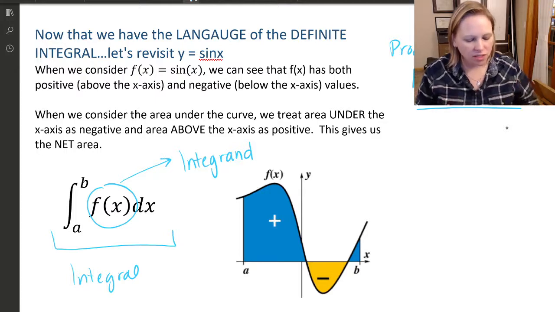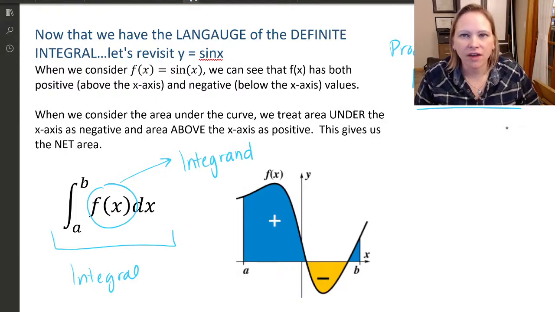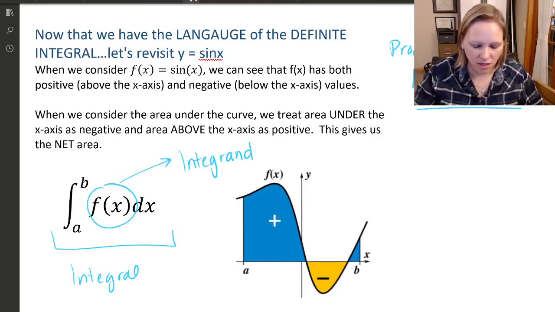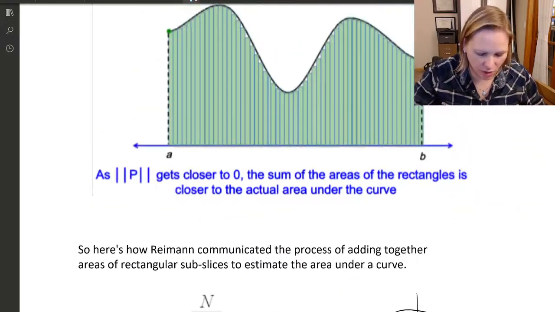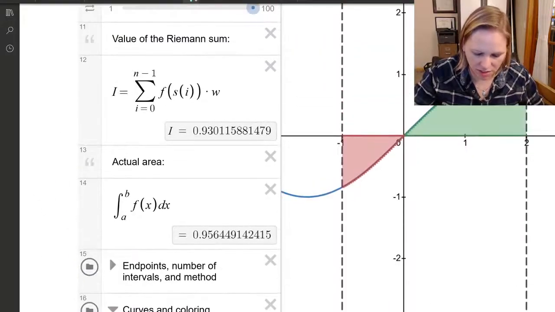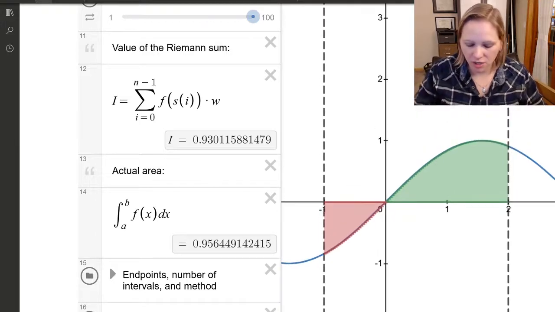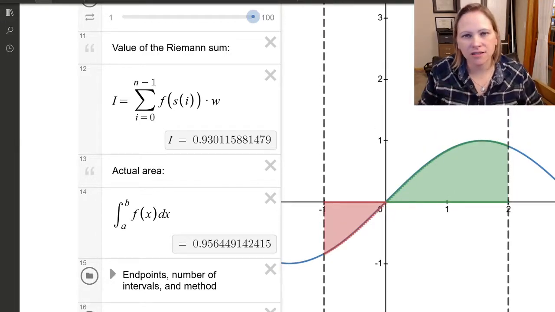So when we consider this function, f of x equals sine of x, we can see that sine of x has both positive and negative values above and below the x-axis. So if I go back up to where we looked at it in Desmos, we are both above and below the curve. The green area is considered positive, the red area is considered negative. So when we're finding and evaluating the integral, the idea is that the negative area will cancel out some of the positive area.